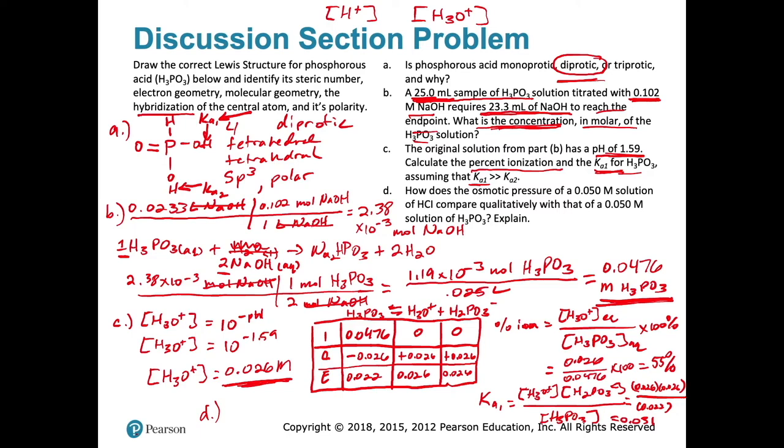Because the more protons you have in solution that are actually dissolved in the water, the higher the osmotic pressure. For hydrochloric acid, it's going to be 100% versus the 55% there.